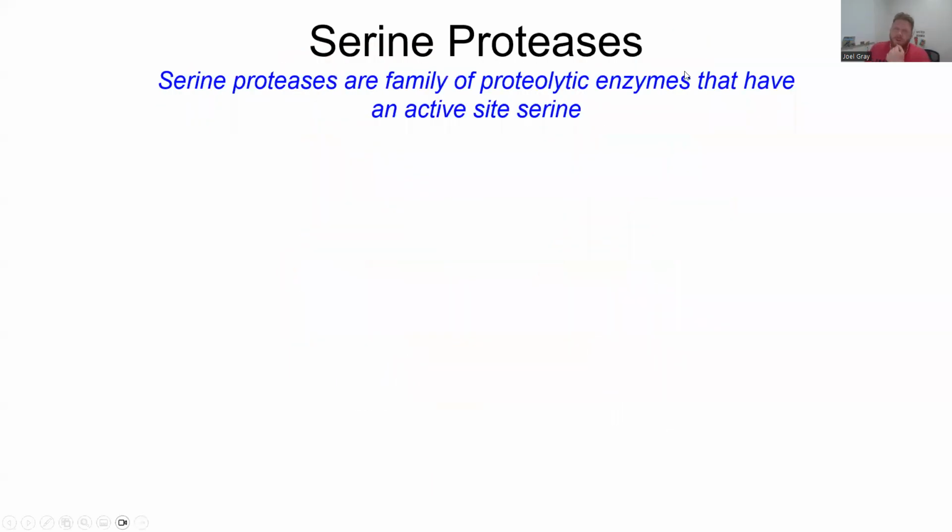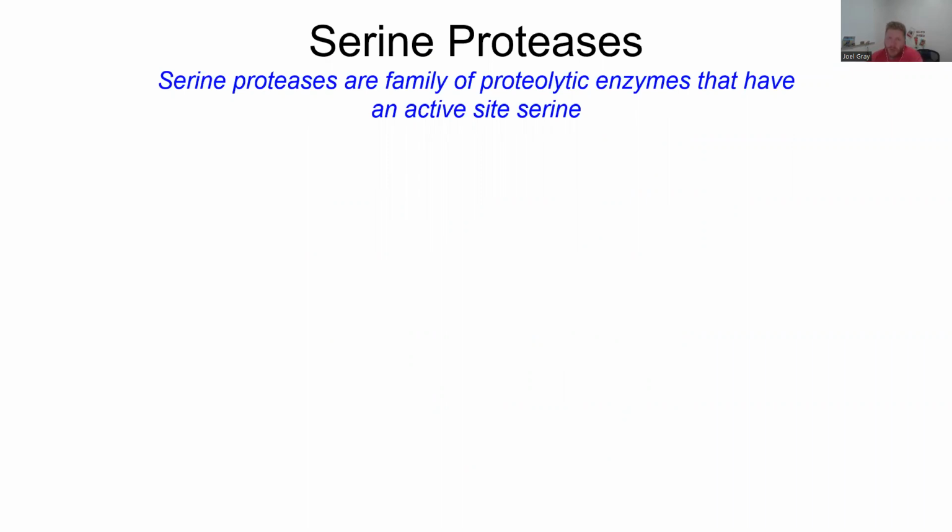So now we move on to a discussion of a class of enzymes known as serine proteases. These are another class of enzymes where we'll look at the mechanism, but I wanted to give you a little bit more of a global perspective. Serine proteases are a family of proteolytic enzymes that have an active site serine. So this is kind of a classification exercise.